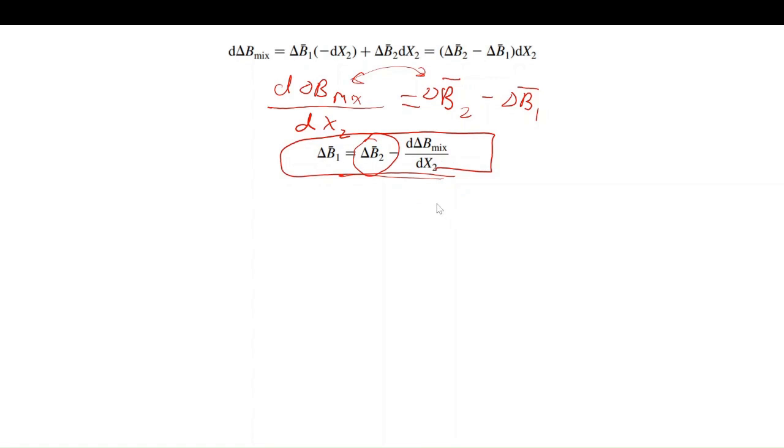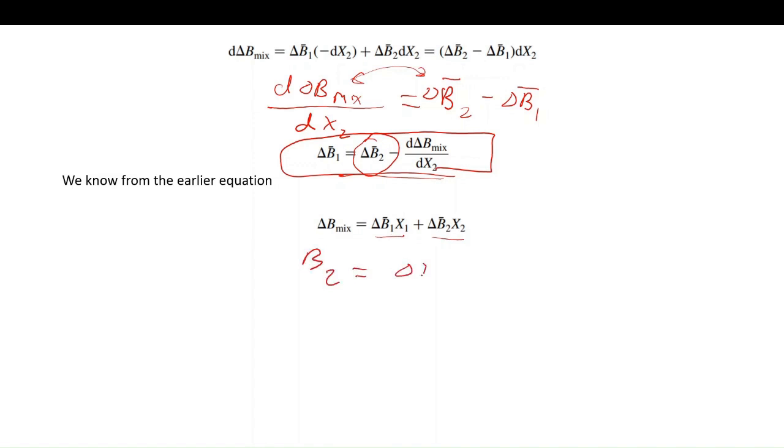From the earlier equation we had delta B mix equal to delta B1 bar x1 plus delta B2 bar x2. So from here I will find the value of delta B2 bar, which will be delta B mix minus delta B1 bar x1, divided by x2, and x2 is 1 minus x1.